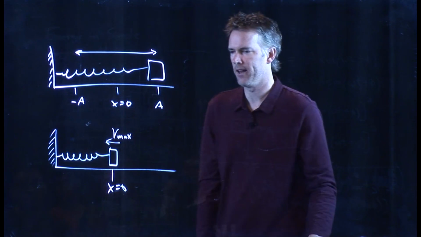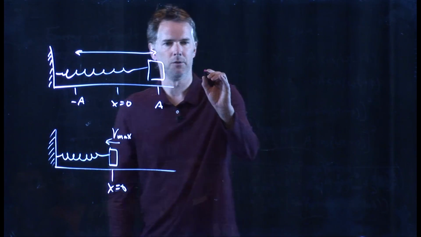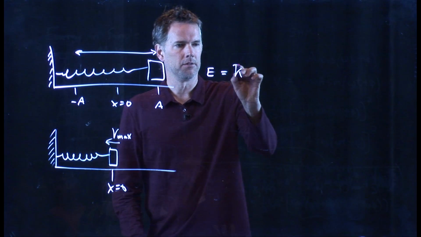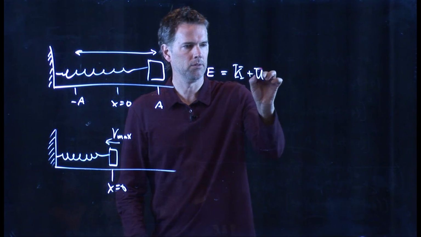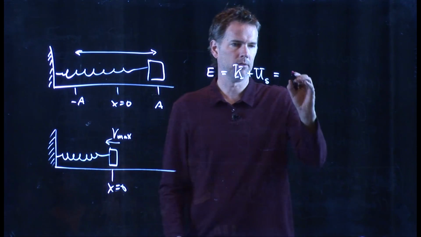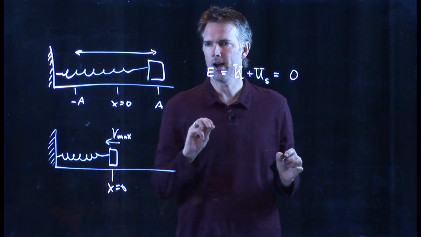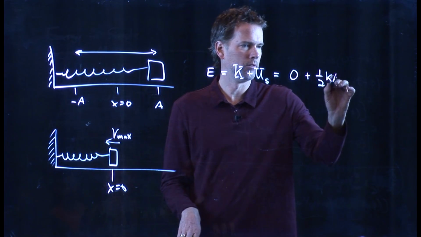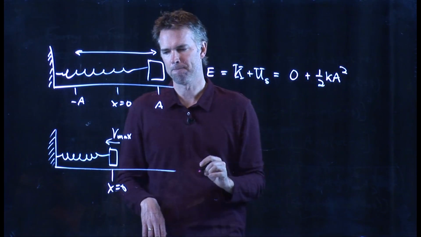How do we figure out what that Vmax is? That's not too bad. What's the energy in the system here? It is kinetic plus potential. But there's no kinetic when it's out at maximum stretch. The box is at rest. And so it's all potential energy.